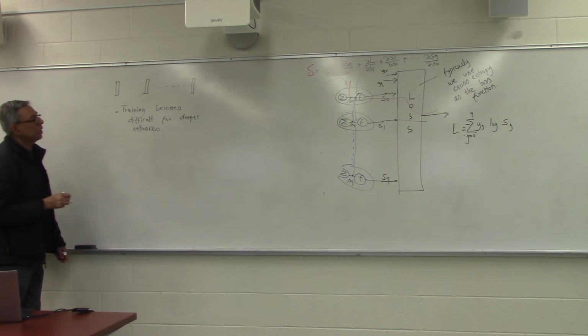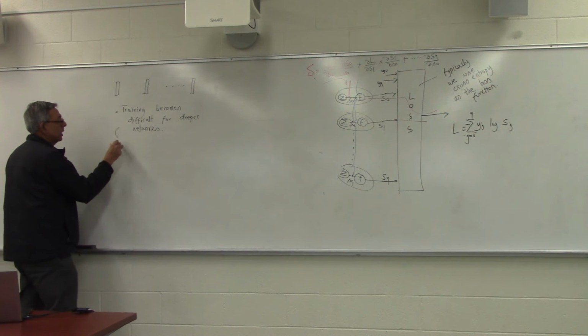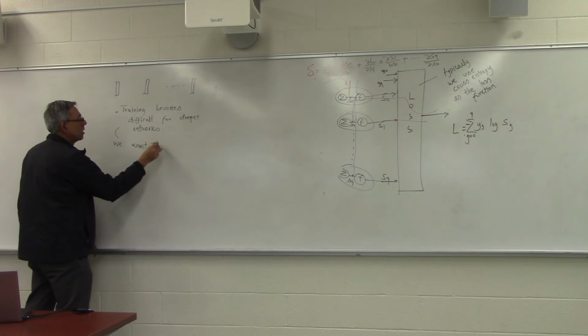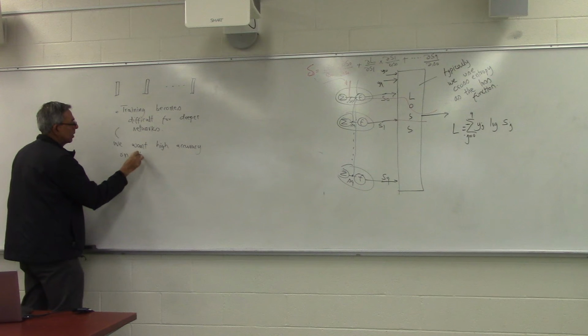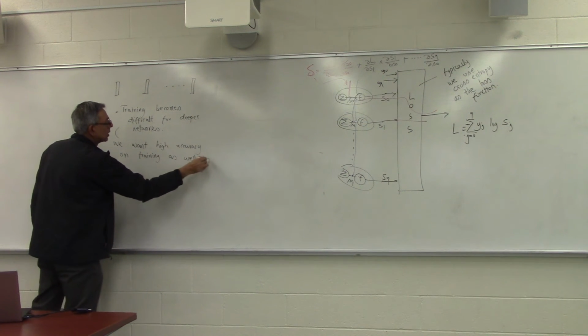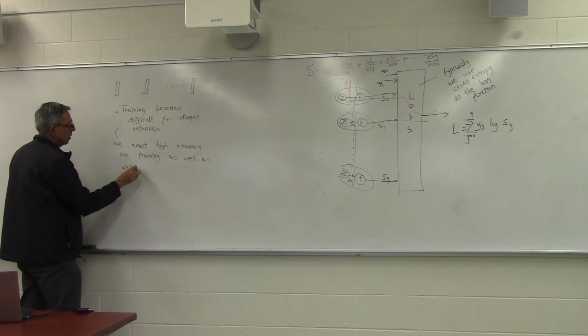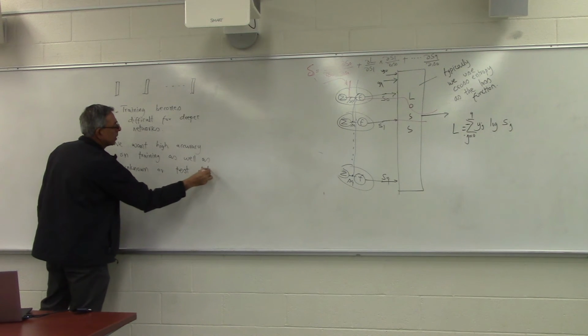Okay, so there are two goals to the training. First goal obviously is we want to come up with as good of a solution as possible so that not only on the training data set we get high accuracy, so we want high accuracy on training as well as unknown or test data set.